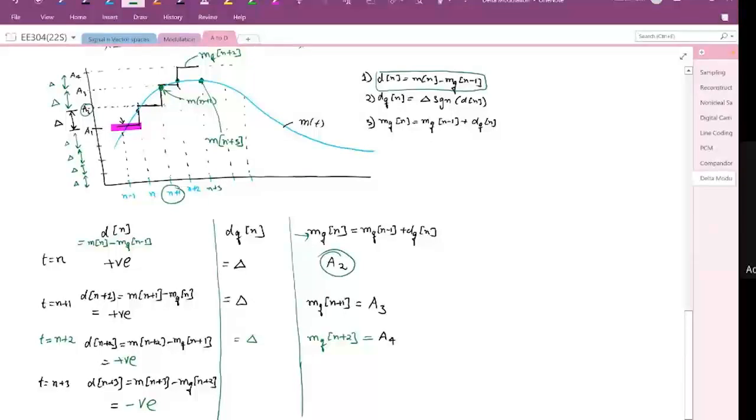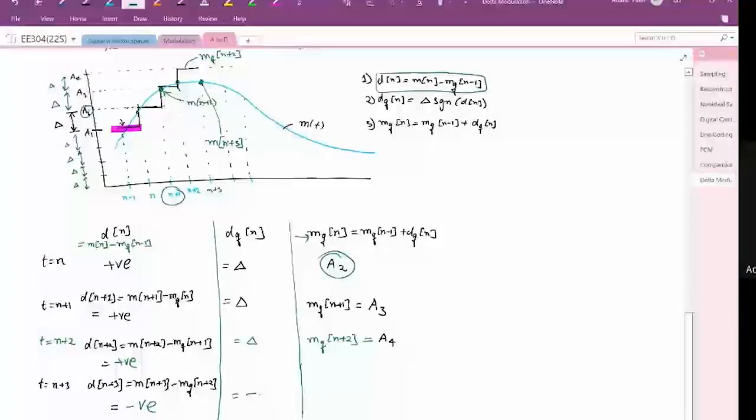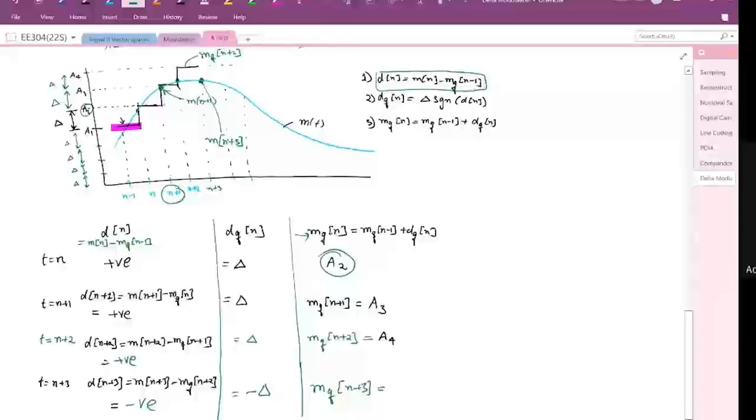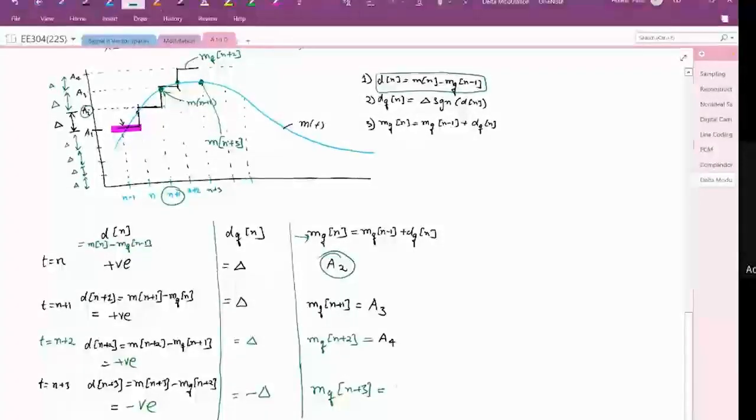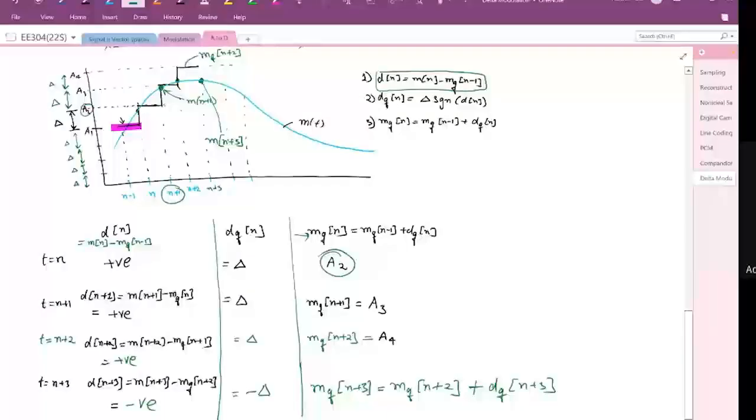If this is negative, then what is dqn? Minus del. Dqn becomes minus del. Then what is the value of mqn plus 3? Mqn plus 3 will be mqn plus 2 plus dqn plus 3, and dqn plus 3 is nothing but minus del.